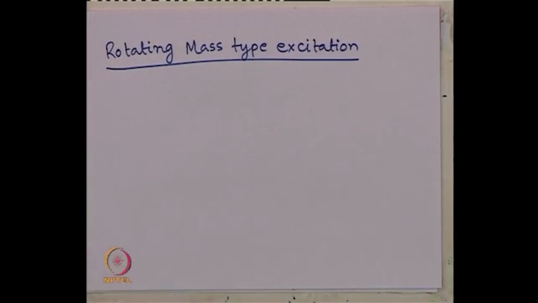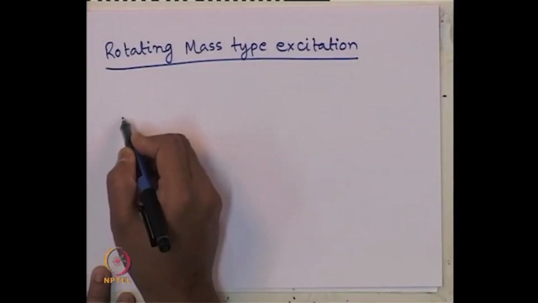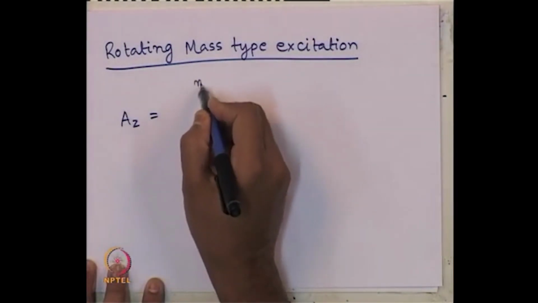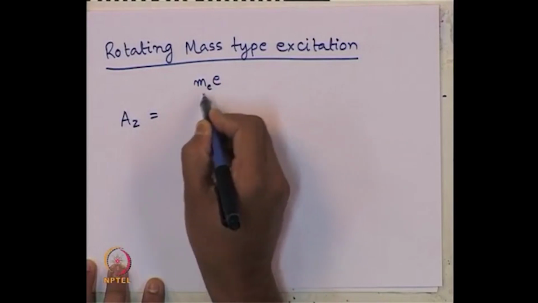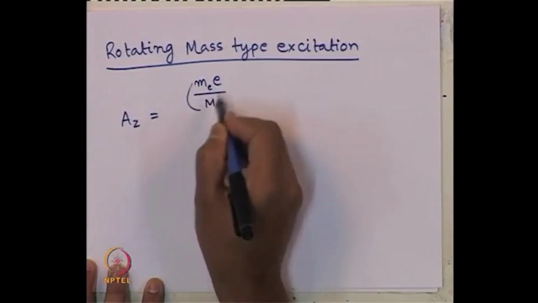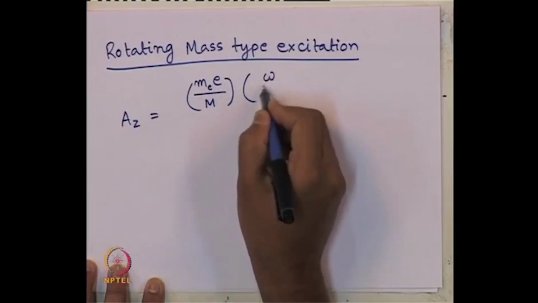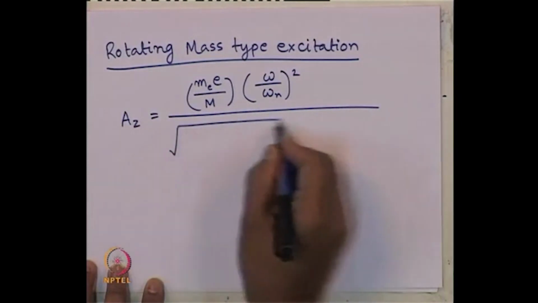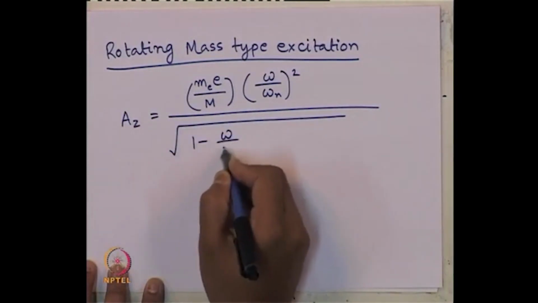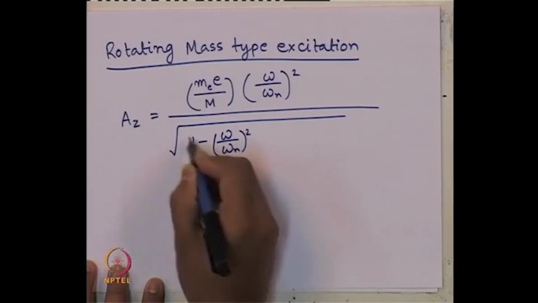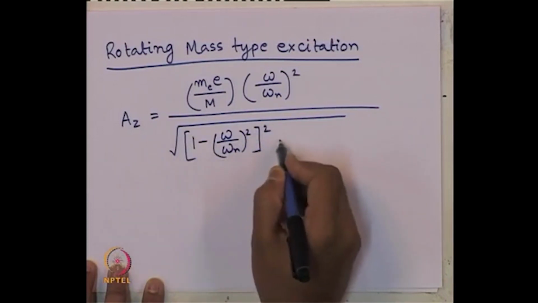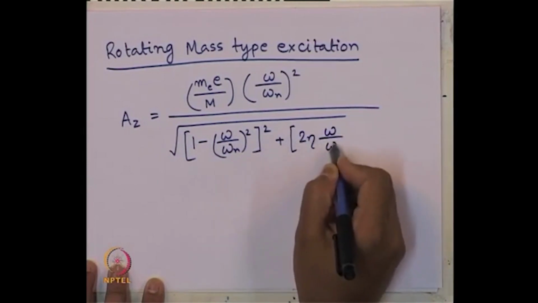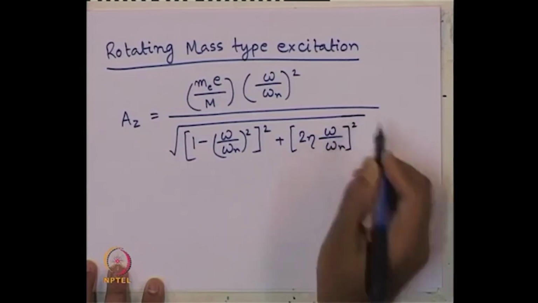In this case, the expression for Az is given by m e e by m times omega by omega n whole square by root over 1 minus omega by omega n whole square, that square plus 2 eta omega by omega n whole square, right.